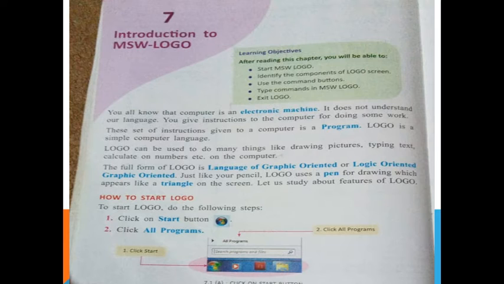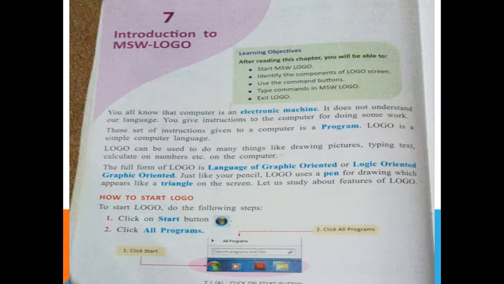When a space is needed, you should give the space like that. So these sets of instructions given to a computer are a program. Logo is a simple computer language. Logo can be used to do many things like drawing pictures, typing text, calculating on numbers, etc.